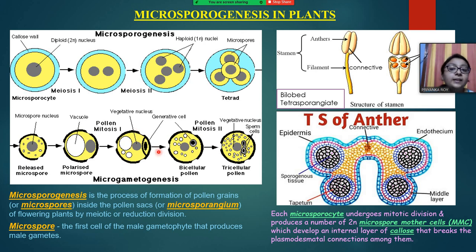Next, the generative cell usually detaches itself from the outer covering and starts moving freely in the vegetative cell. This stage is known as bicellular pollen. Then it undergoes a second mitosis and becomes tricellular pollen, because the generative cell divides into 2 sperm cells.